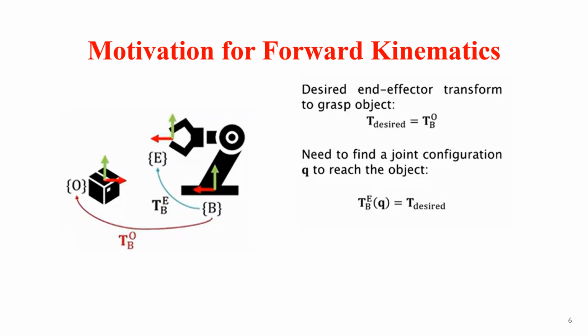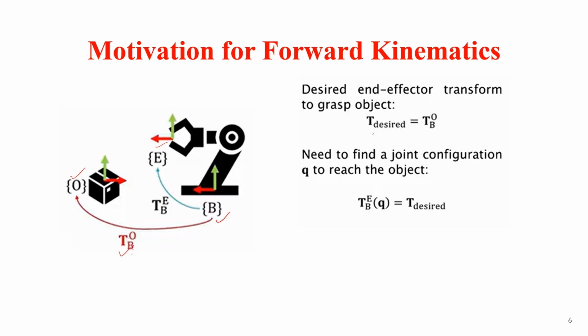If you have an object, as stated here, the object frame is denoted as O, and this is the manipulator. The base frame is denoted by B, and the end effector frame denoted by E. Your objective is to determine the transformation matrix of the O frame relative to the B frame, right?